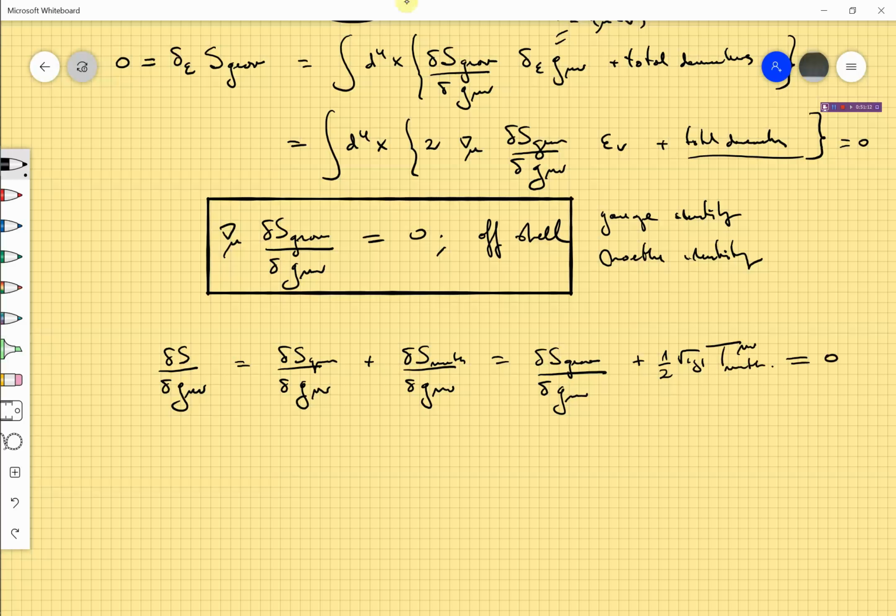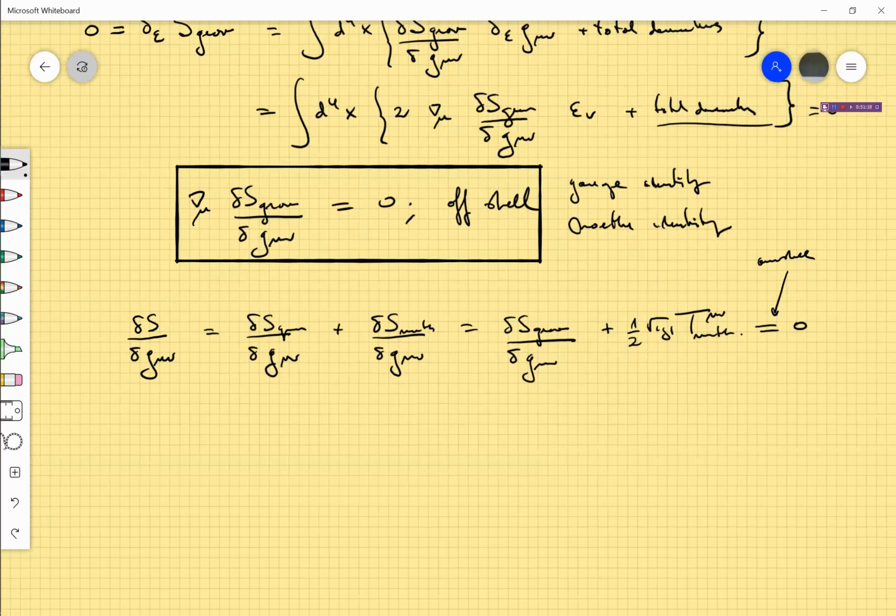And on shell, by definition, this has to be 0. Well, you would probably want to write this in this way.